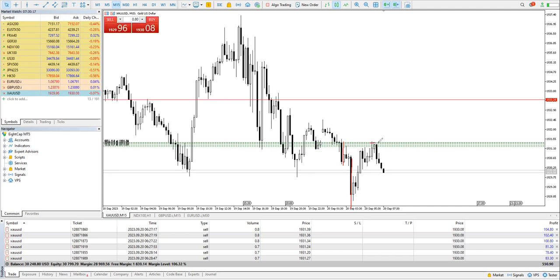So my entry point here, the reason why I'm trying to emphasize so much on this move is because it was a powerful reason as to why I had entered on this trade, because I took this opportunity to enter.